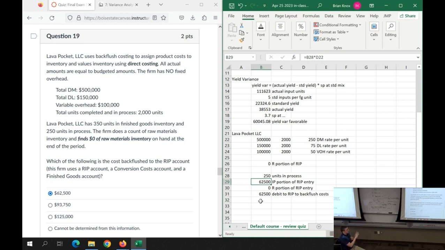They like to change the inventory accounts from being primarily about timing to being primarily about cost category. So the RIP account is all direct materials costs. And the conversion cost account is all of the in-process conversion cost, labor and overhead, the overhead that counts as a product cost anyway.